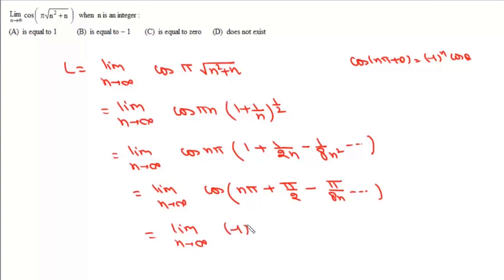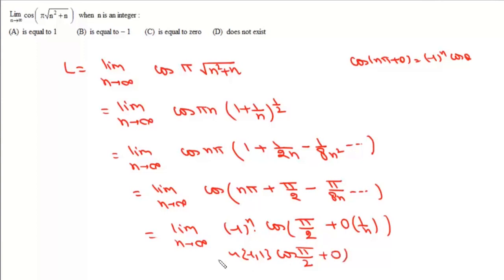Now it will be minus 1 to the power n cos pi by 2 and plus this big O notation of 1 by n. Now when n tends to infinite, this is oscillating value, minus 1 plus 1, this is cos pi by 2, and this is simply 0. Now cos 90 is 0, and 0 into oscillating value is 0. So answer to this limit is 0, and that's your option C.